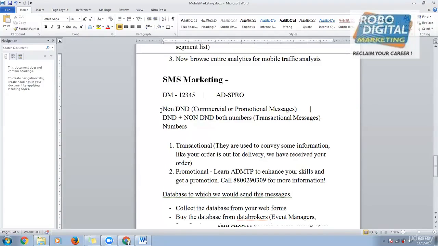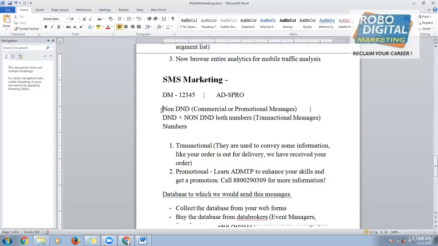What are DND numbers? DND numbers are those numbers on which the do not disturb service has been activated, like you must be knowing. Second is non-DND numbers. Non-DND numbers are those on which the DND service has not been activated yet.